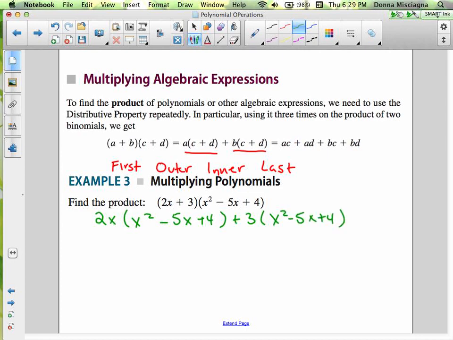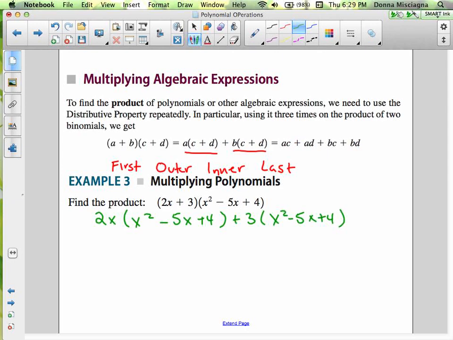All right, so when we're multiplying polynomials, we want to make sure we multiply every term by every other term in the other expression. So that's why FOIL works, right? Because first we multiply the a times the c, and then for the outer we multiply the a times the d.